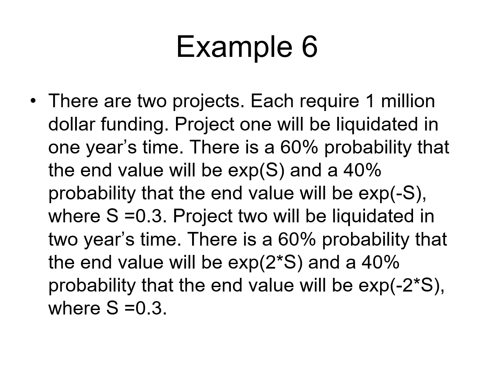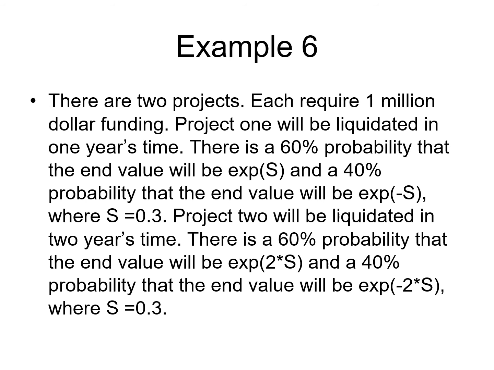Project 1 will be liquidated in 1 year's time. There is a 60% probability that the end value will be exponential s and a 40% chance that the end value will be exponential negative s, where s is equal to 0.3.